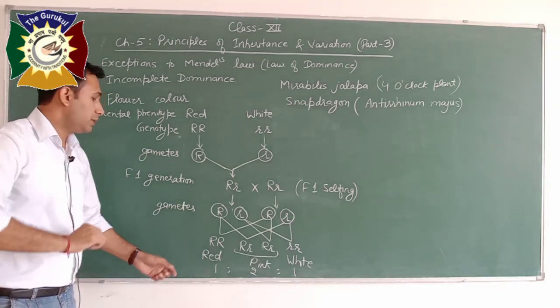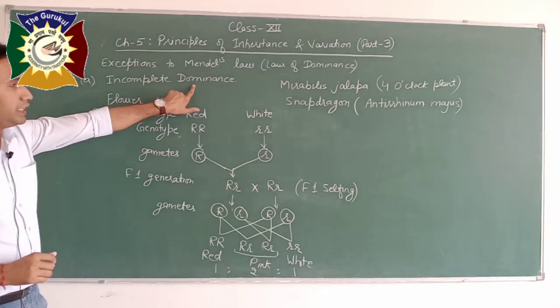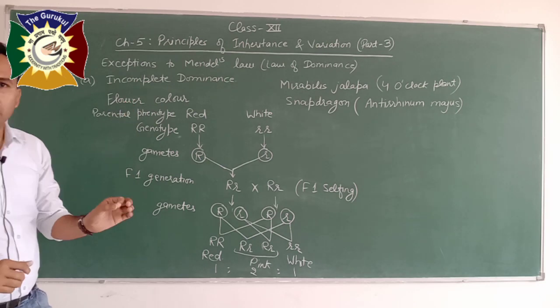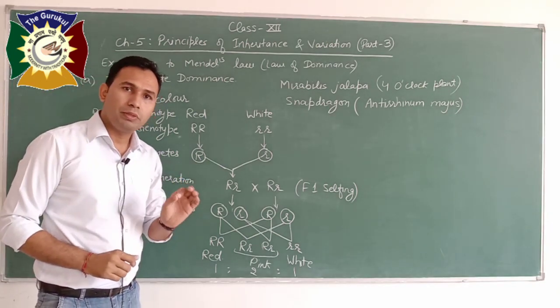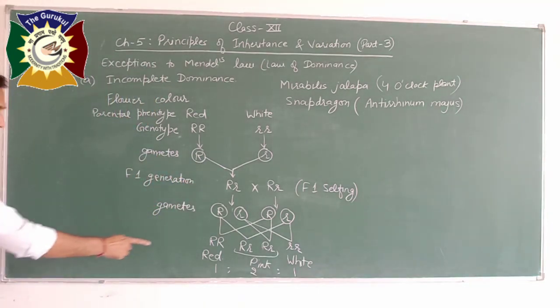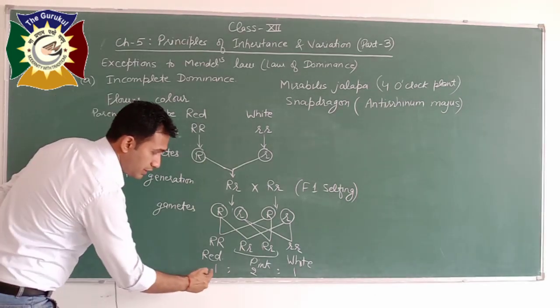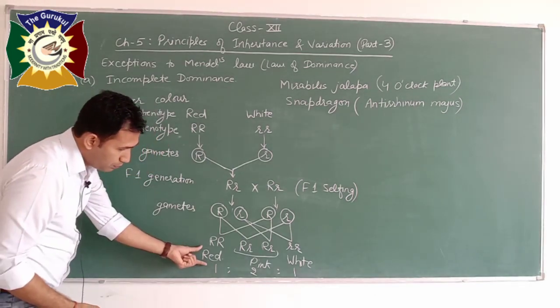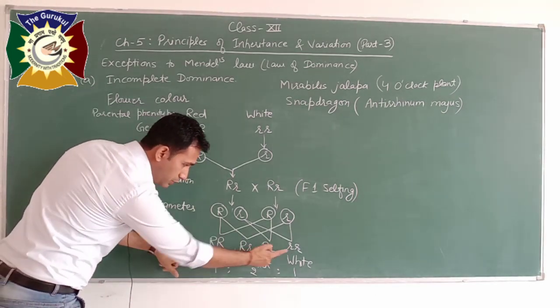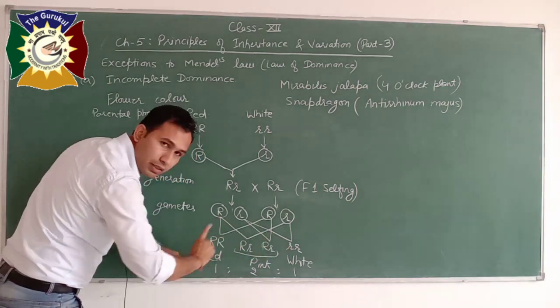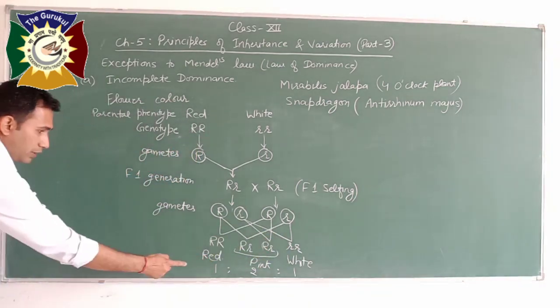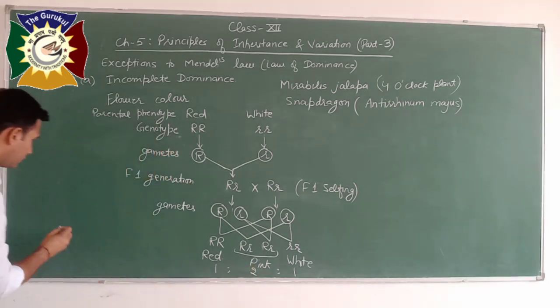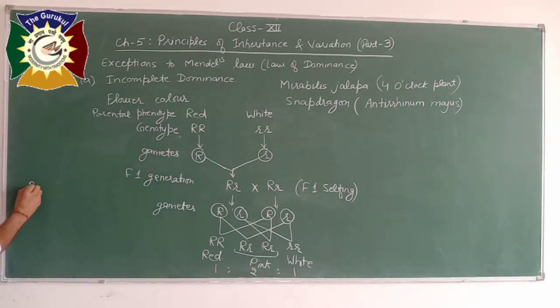So we have to remember that in incomplete dominance, the phenotypic as well as genotypic ratio will be the same. Why are we saying it is the same? Because we are observing that there are three phenotypes: red, pink, and white. So this is the ratio 1:2:1. So we will write phenotypic ratio.